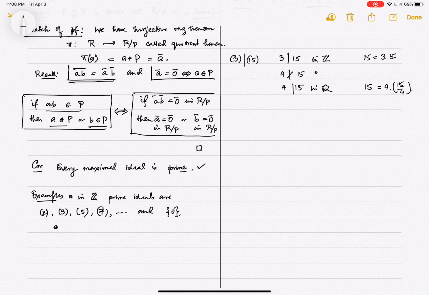In one variable polynomial ring over a field, the maximal ideals are again the prime ideals, I'm sorry.